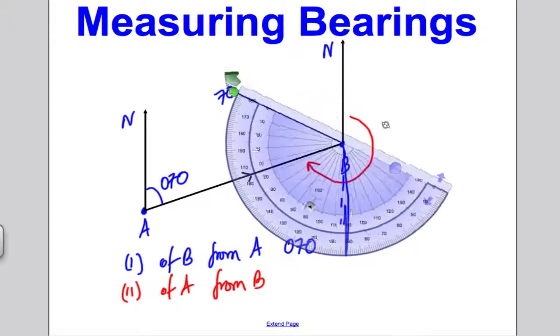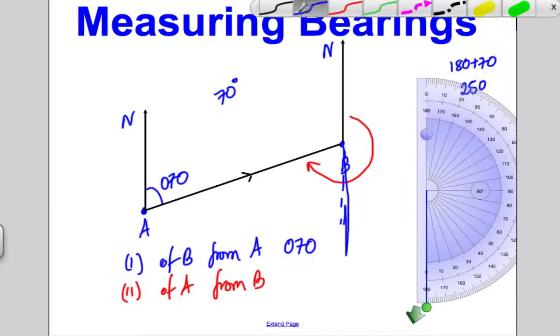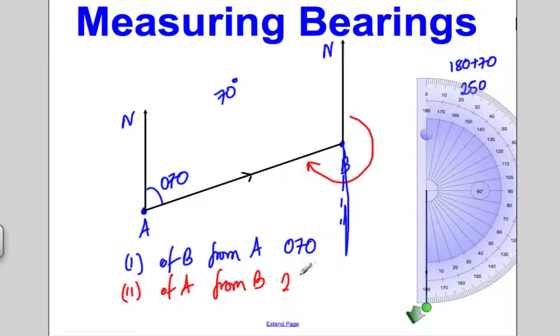So it'd be 180 plus 70, and 180 plus 70 is 250. Okay, 250 degrees. So the answer to this is 250.